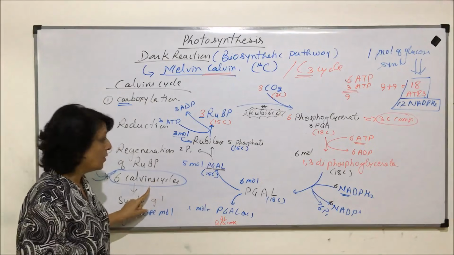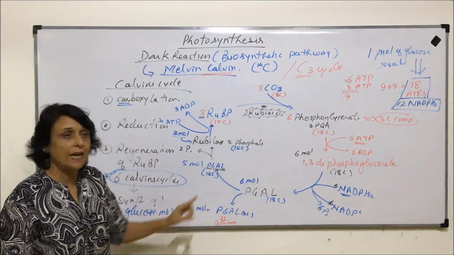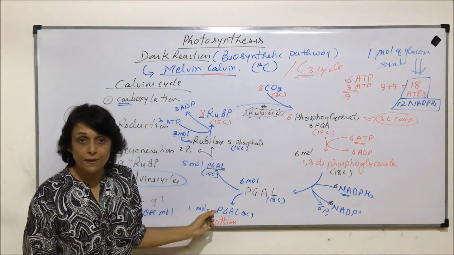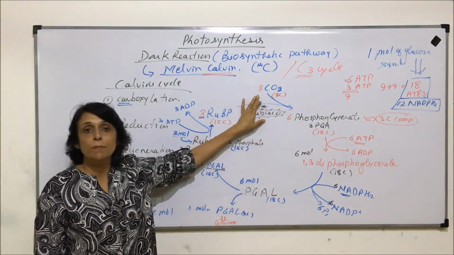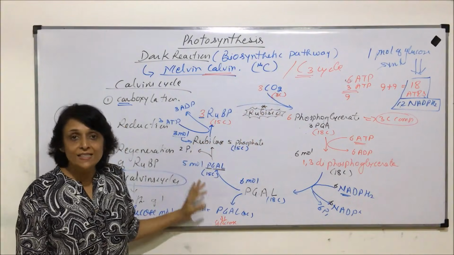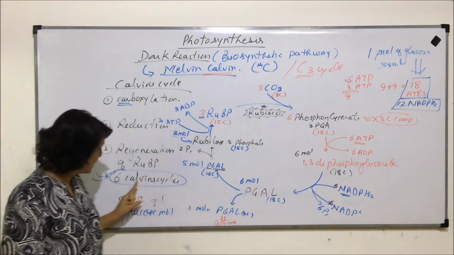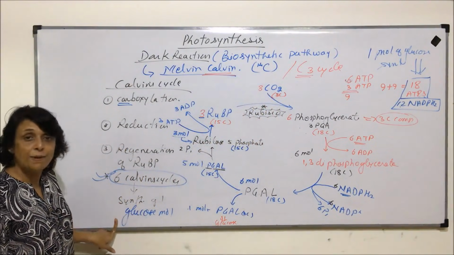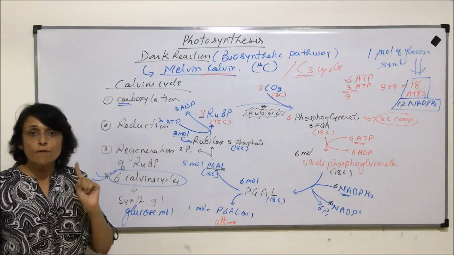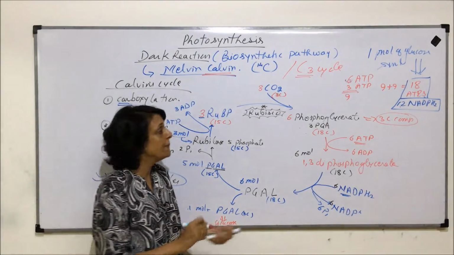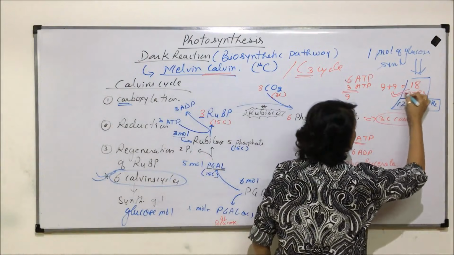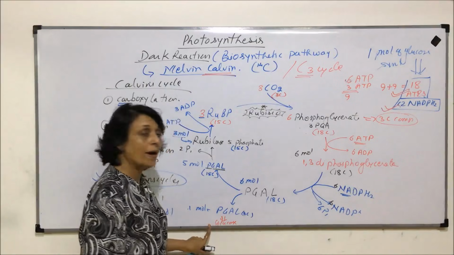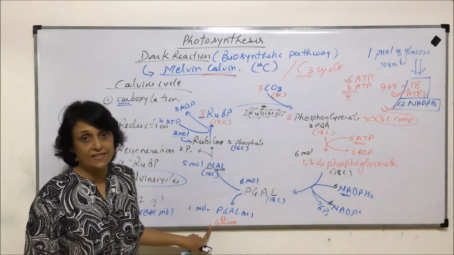Again, in plants, every time only one carbon dioxide is accepted by one RuBP. We have added this number to make this cycle easy to understand, but this thing is very important, that there are 6 Calvin cycles which take place for synthesis of one glucose molecule, and there are 18 ATPs and 12 NADPH2 required when one glucose molecule gets synthesized.